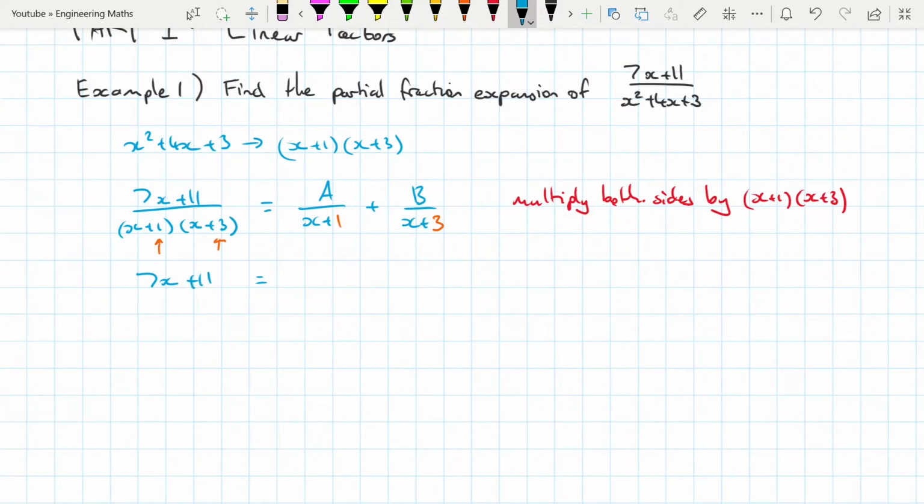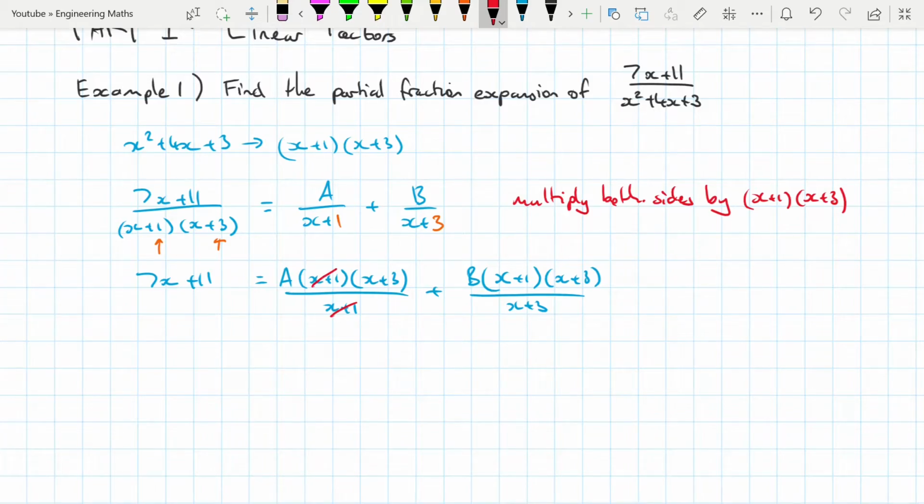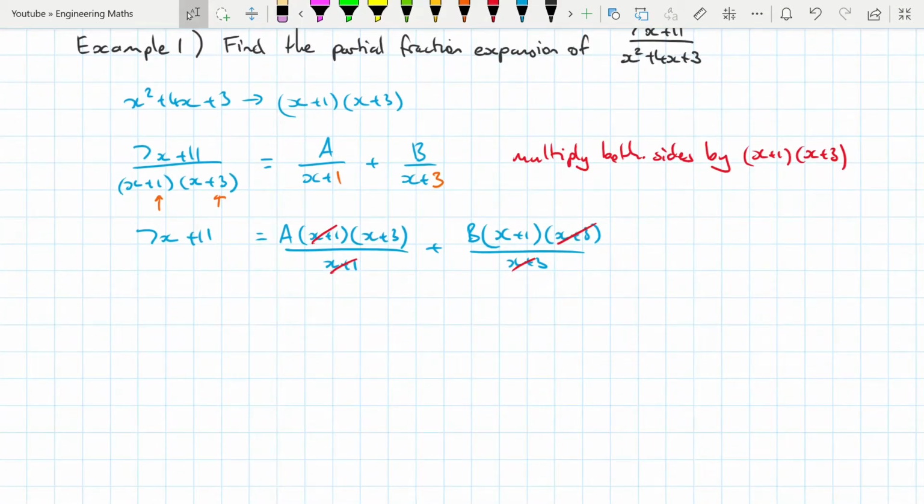That would equal A(x plus 1)(x plus 3) over (x plus 1), plus B(x plus 1)(x plus 3) over (x plus 3), and we can see that there would be cancellation on the right hand side as well, and so we'd be left with 7x plus 11 equals A(x plus 3) plus B(x plus 1).